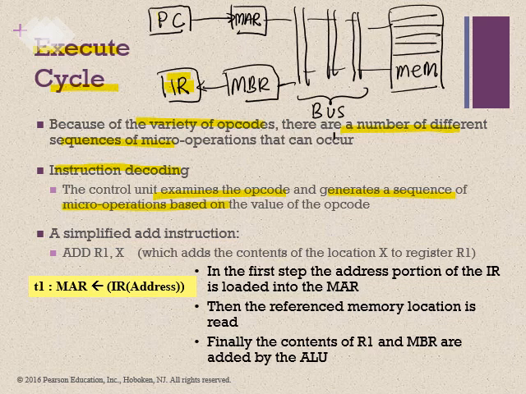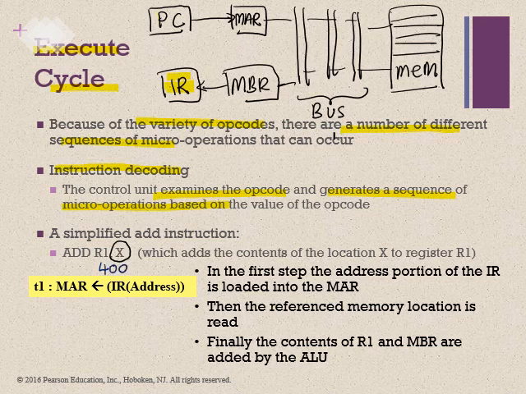We look at the address part of the instruction, and we see that we need to go get X, which is in memory. Let's assume that X is at address 400.